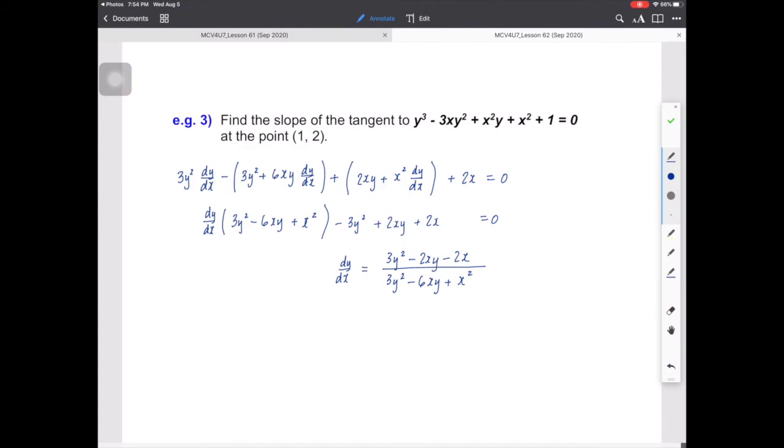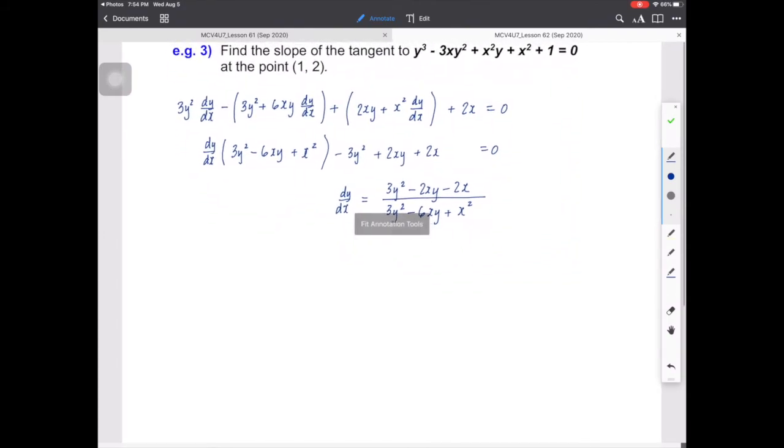With this result, I can now find the actual slope of the tangent at the point 1 and 2 by evaluating the slope at x equals to 1. I have dy by dx when x is equal to 1, and technically y is equal to 2 because we have y in the expression as well.